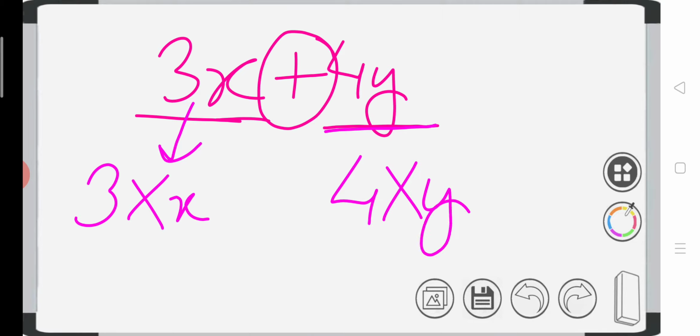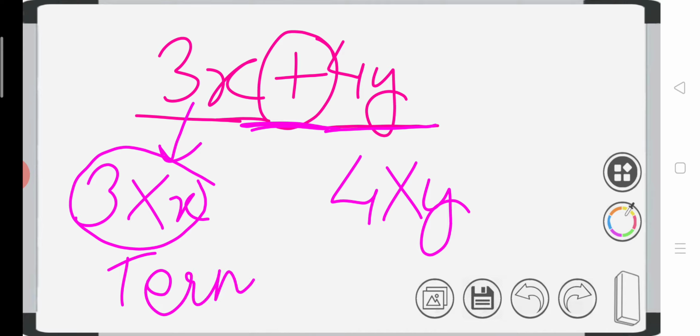So such parts of an expression which are formed separately first, and then added, are called terms. So here 3x and 4y are said to be terms.